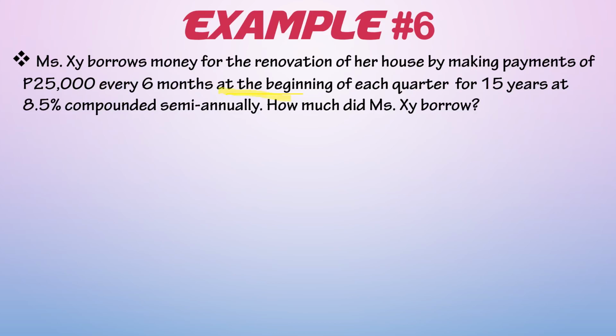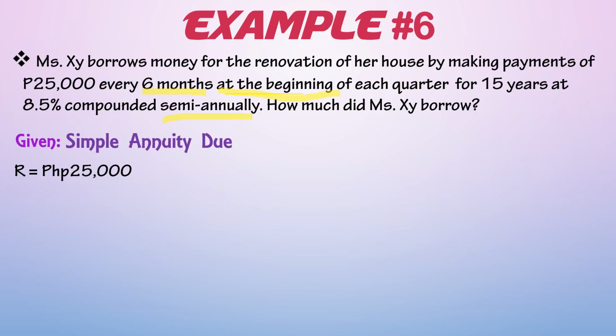So here again we have at the beginning, and then semi-annually, and every 6 months. So the payment interval and the conversion period are the same, so it is simple, and you have the payment at the beginning. So this one is a simple annuity due. For the given, you have 25,000 pesos.